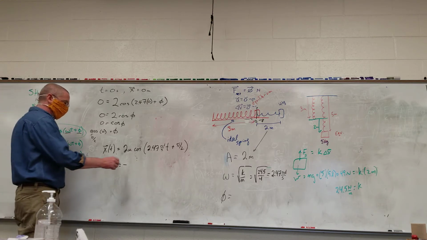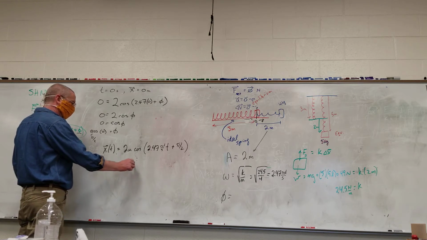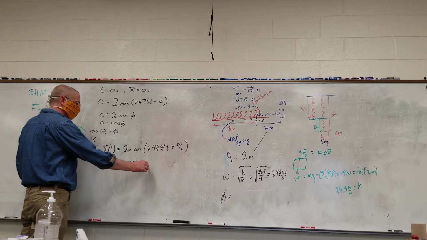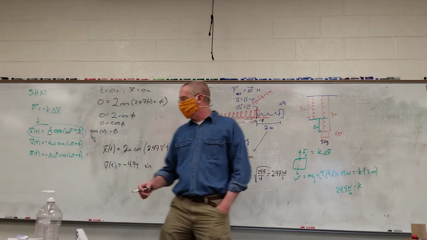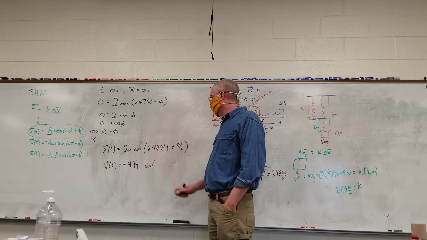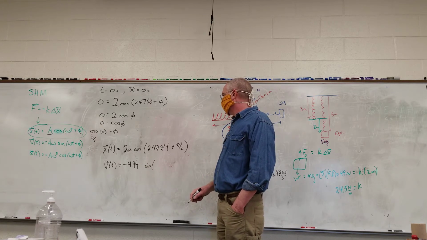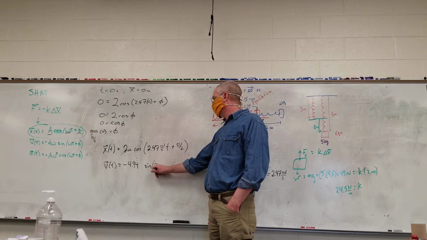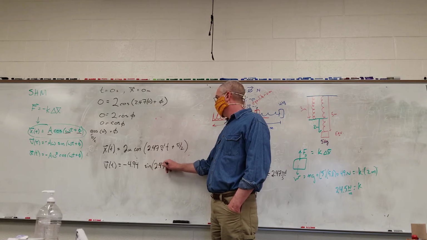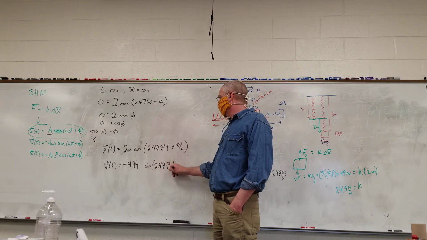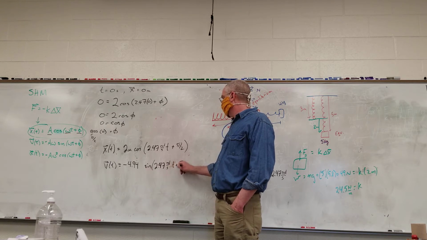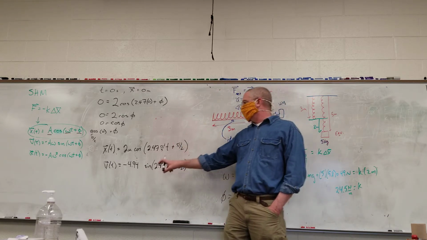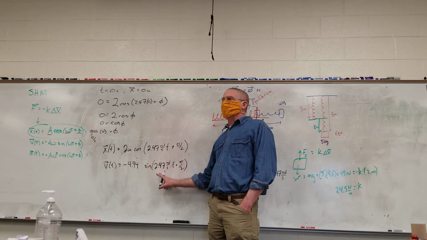All right, that's 4.94. And then sine, as you said, of 2.47 radians per second times time plus pi over 2. Two things. One, it's not sine times this, it's sine of this.